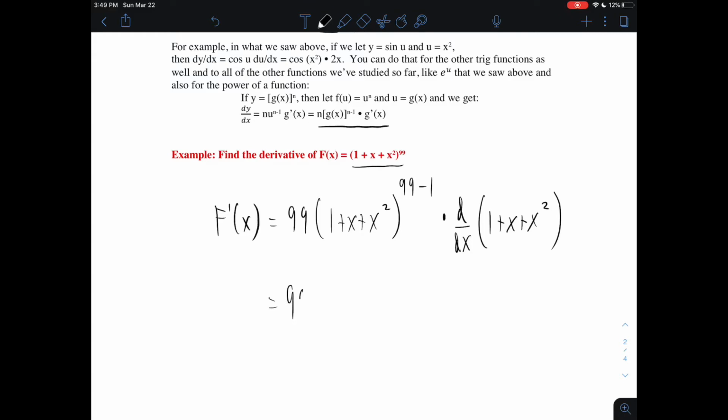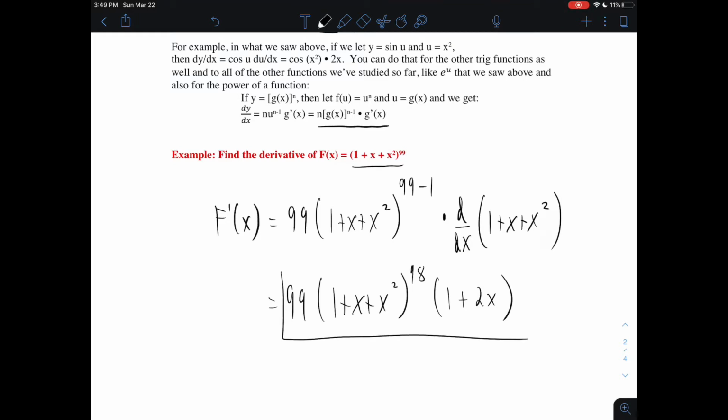And this turns into 99 times 1 plus x squared to the 98th, and then times 1 plus 2x. The derivative of 1 is 0, the derivative of x is 1, the derivative of x squared is 2x. And there really isn't much that we can do with this. If you were thinking maybe we could simplify, that would involve multiplying all of this out, and we definitely don't want to do that. So we're going to leave it just like that.